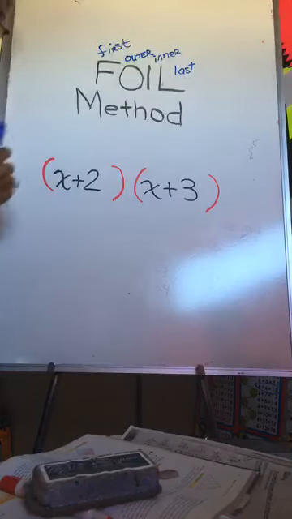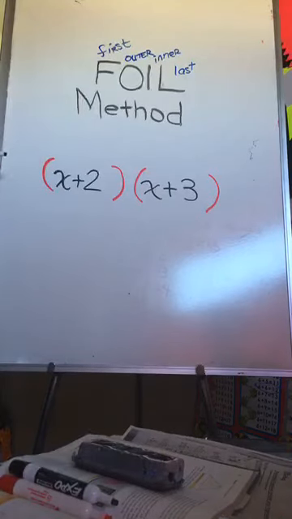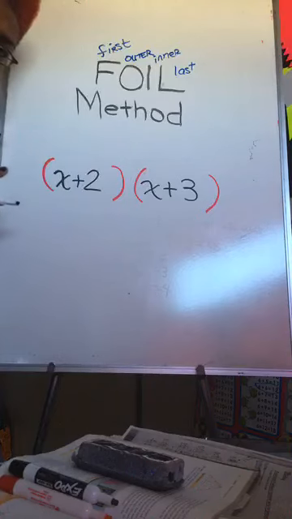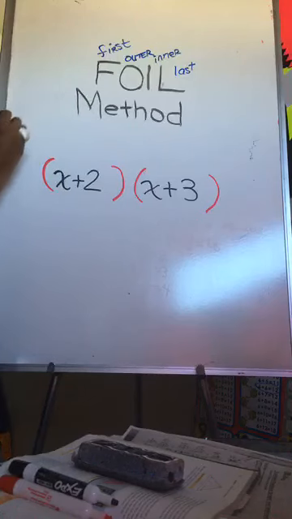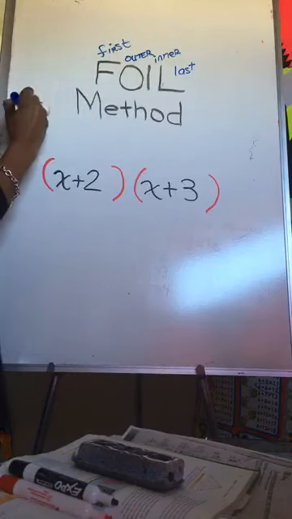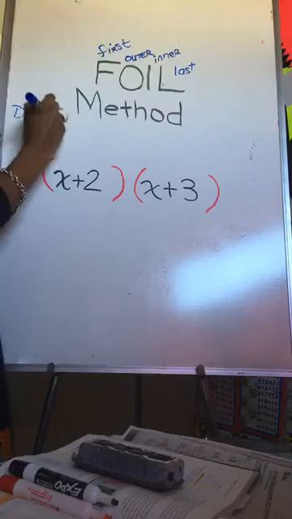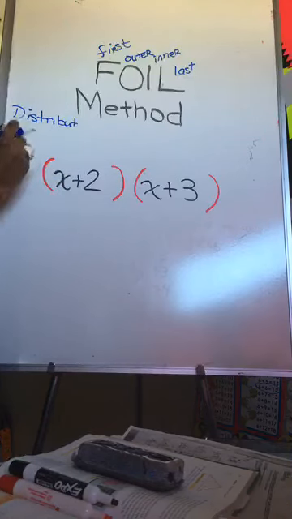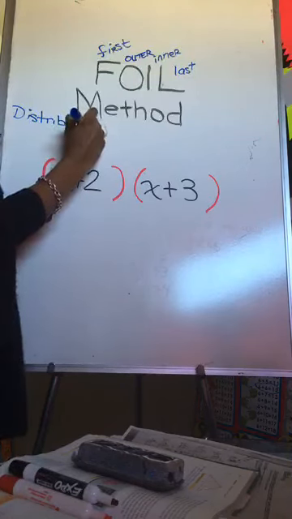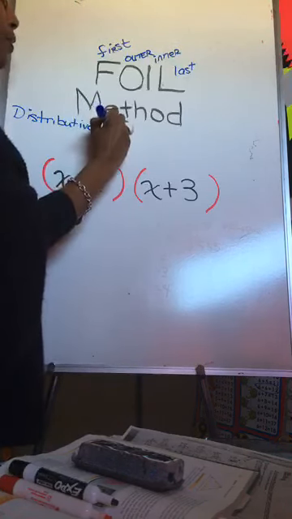Okay, we're using the FOIL method, and with the FOIL method, we have to use the distributive property. Another vocabulary word is distributive property.